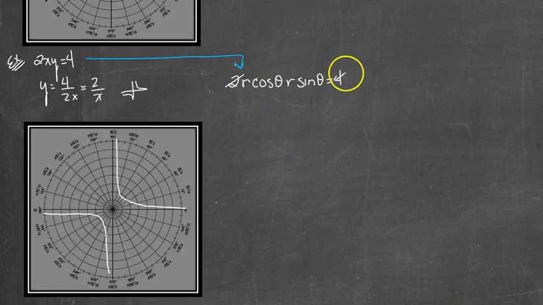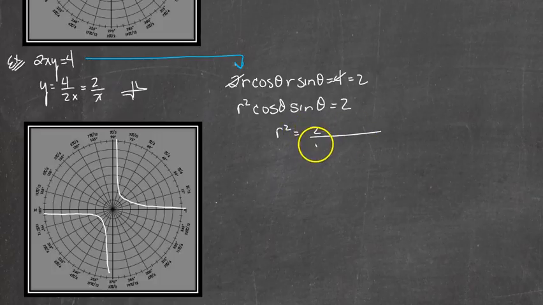One is I can simplify by reducing both sides by 2, and I can combine the r's into an r² cos theta sine theta = 2. I'm beginning to see that I might have wished I hadn't done that cancellation, but that's okay. I can just multiply a 2 back in. So I'm going to divide by cos theta sine theta, and I have r² = 2 over cos theta sine theta.